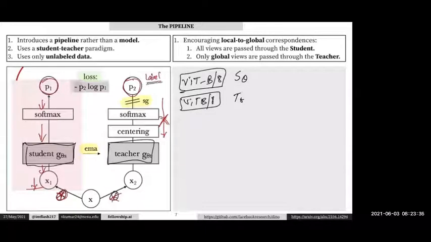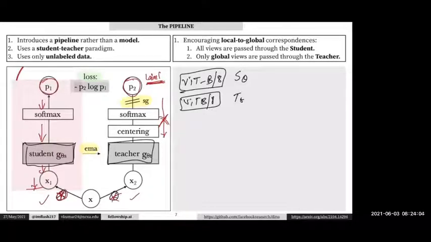Your label should always be better than your prediction by the model. One thing you can do is different transformations on the same input data. But what kind of transformation do you think you can deploy on these two setups, on these two lines, which makes the label always better than the student?